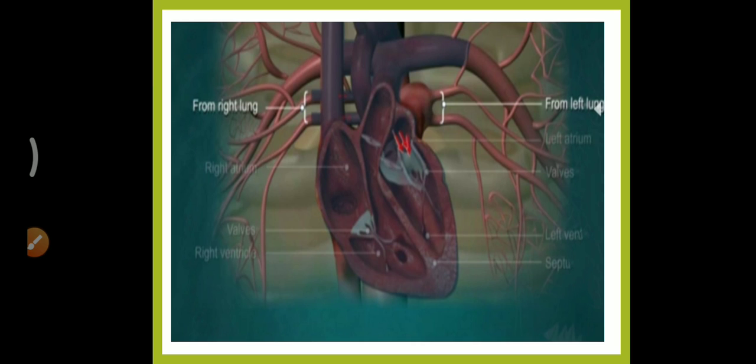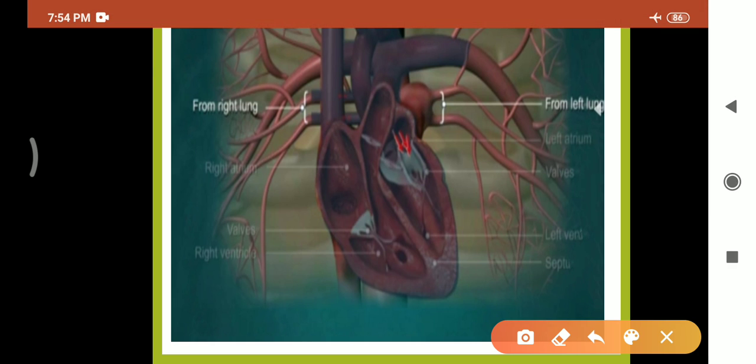Oxygen-rich blood passes through the left side of the heart. Here is the left lung, here the right lung, because in the previous slide you have already seen the heart is present in between both lungs.